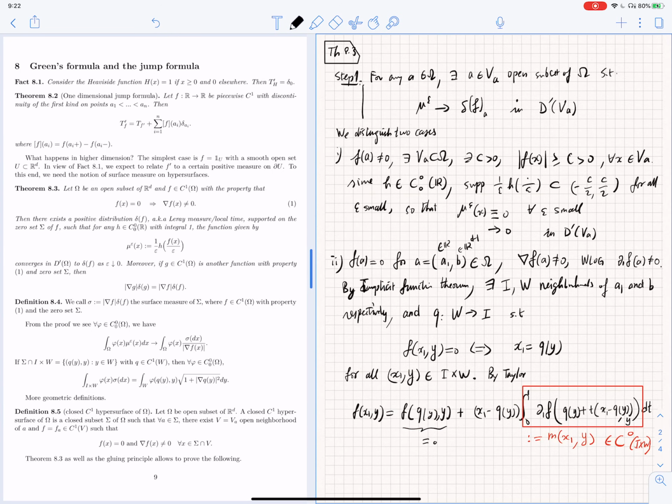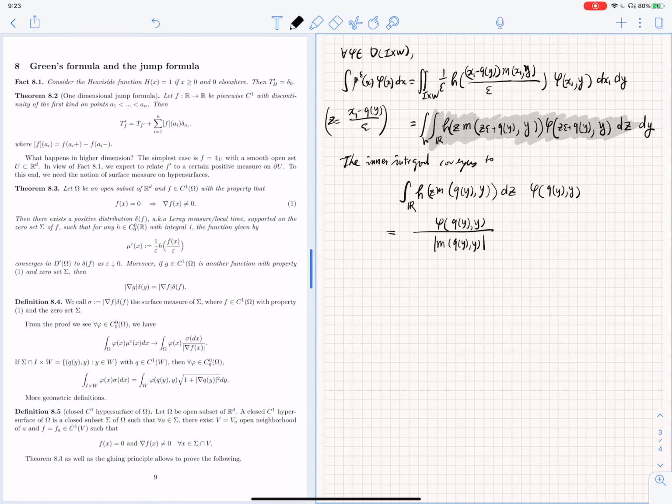So the point is that when we take x1 equals q of y, this disappears. We only have d1f of q of y, y. So in other words, we have something that looks nice, right? Something that is related to the function f and the function q. Okay, so this is the inner integral, and by using again the same kind of argument, we have the pointwise convergence for the inner integral.